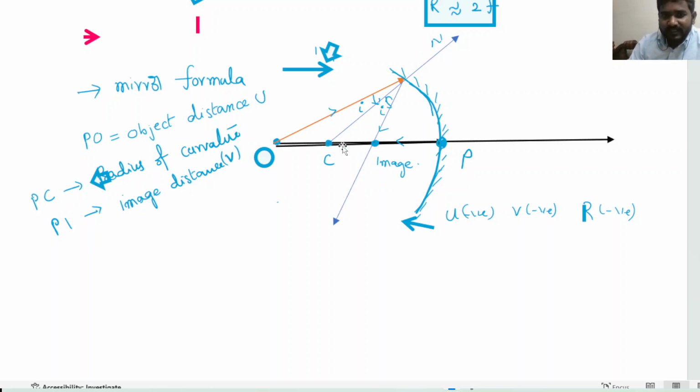Now you can see the triangle. Here you can also take one point, that is point P dash.